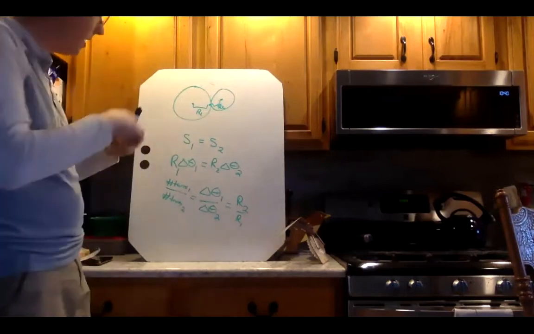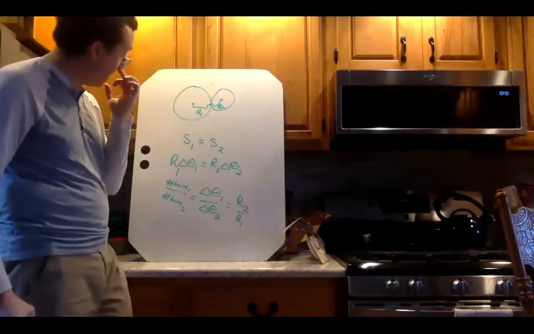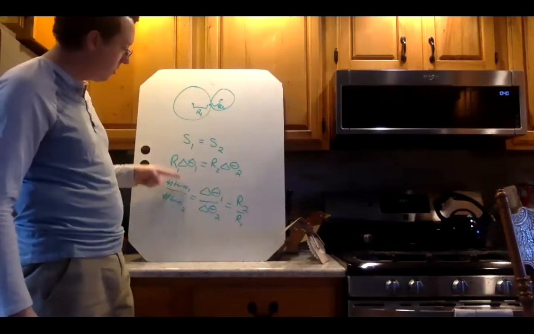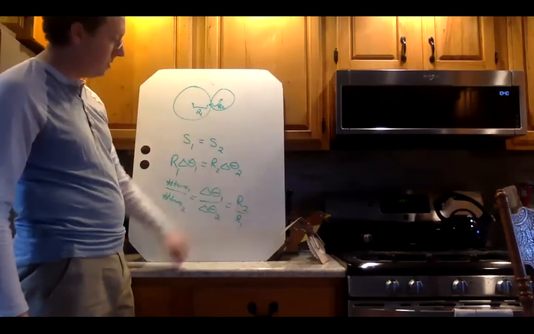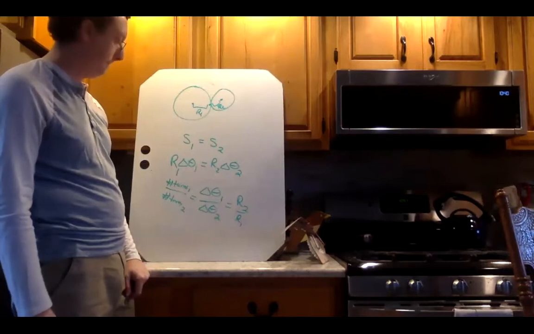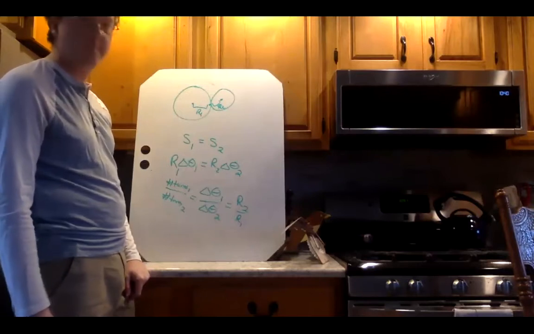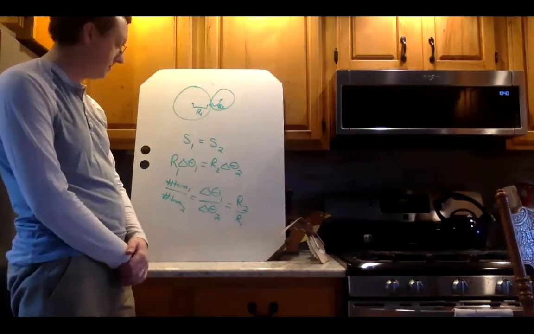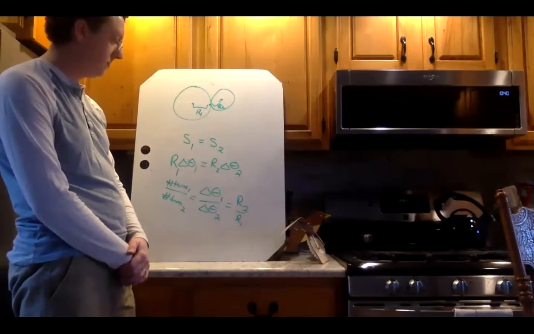Isn't that what you get in strength of materials, where the ratio of the number of turns is the inverse ratio of the radii? I think we got it's two. It would be two for theta. It would be 2R1 equal 1R2, like one rotation of R2 or something.